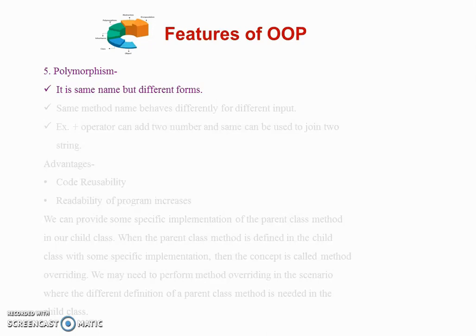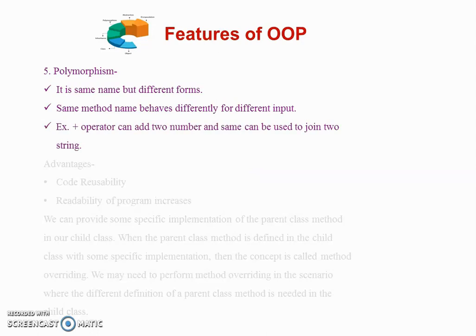In Python, polymorphism is often used with inheritance. Always keep it in mind: when we use inheritance, then we can use polymorphism. Polymorphism can also be applied to operators. For example, the plus operator can add two numbers and the same operator can join two strings.